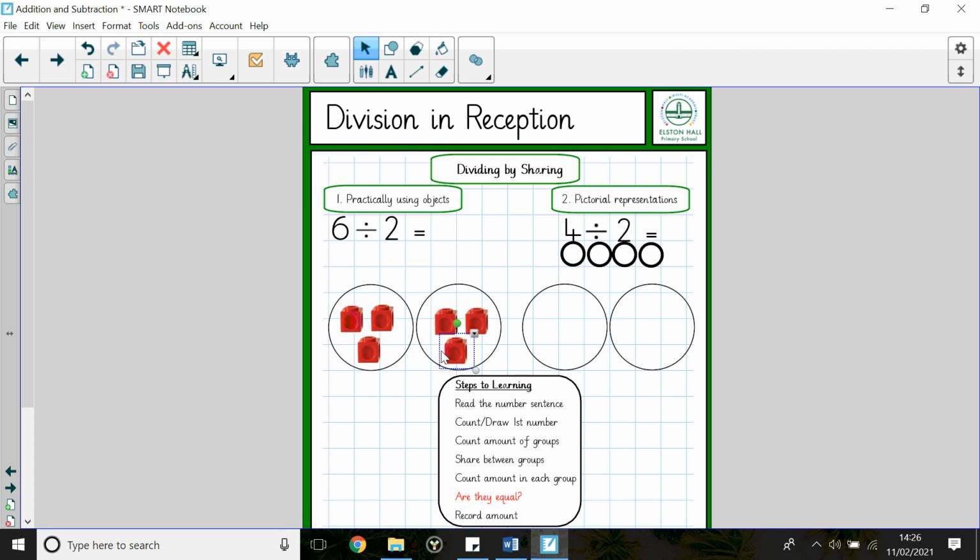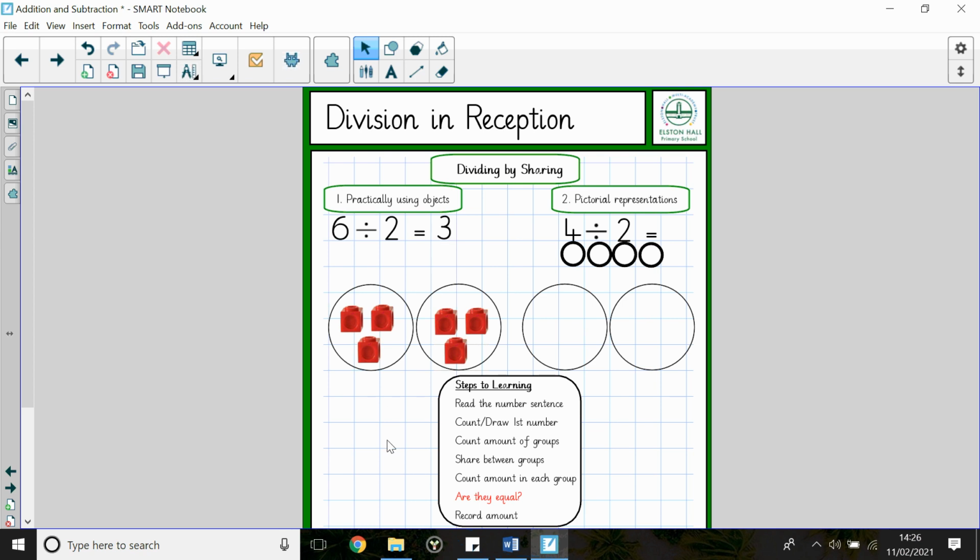Looking into the 2 groups, yes, I have 3 cubes in my first group and 3 cubes in my second group, which makes the 2 amounts equal. For the final step to learning, we then record the equal amount into the number sentence. 6 divided by 2 equals 3.